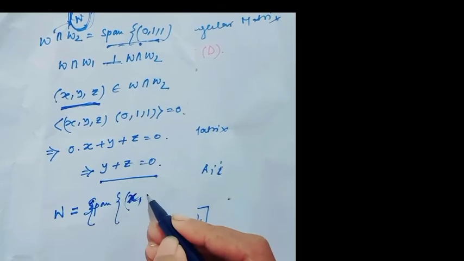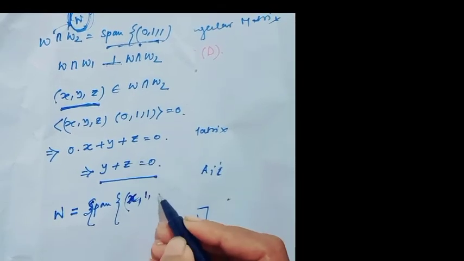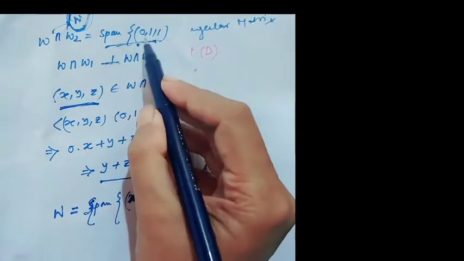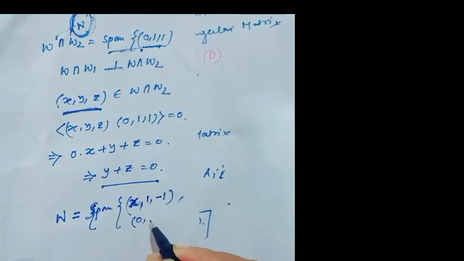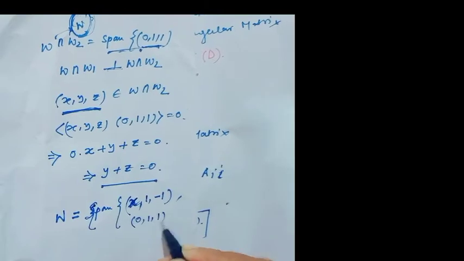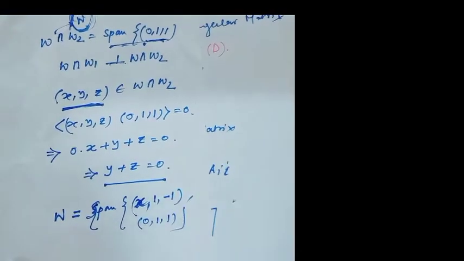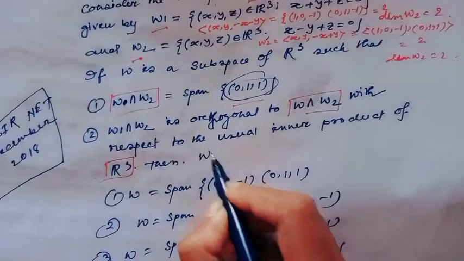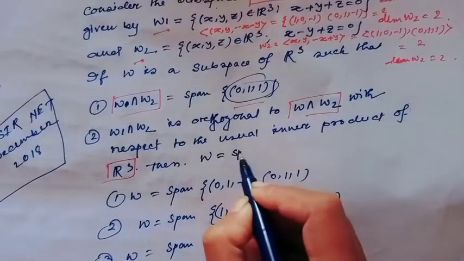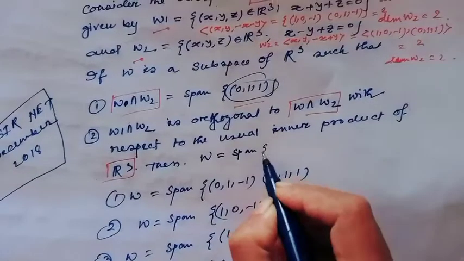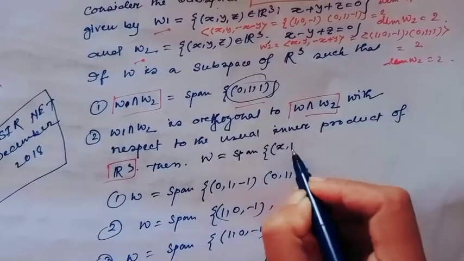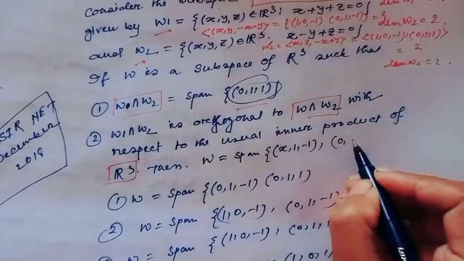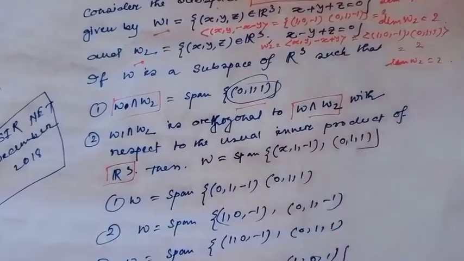If we consider y equal to 1, then z would be minus 1. And this vector always would contain 0 1 1. Now let's see the options. Here W is spanned by this type of vector x, 1, minus 1, and also 0, 1, 1.